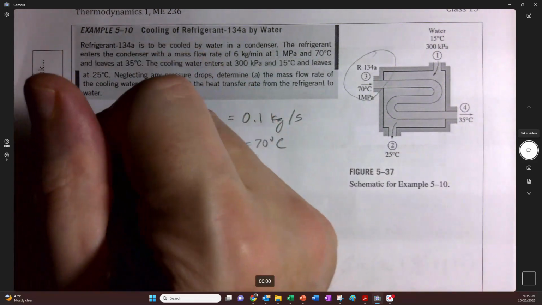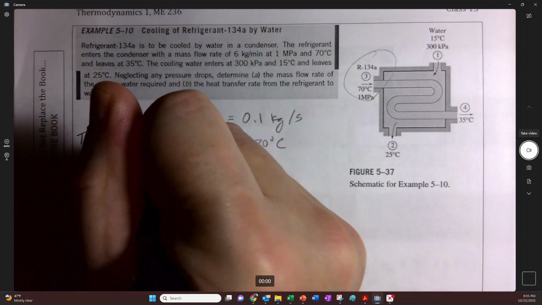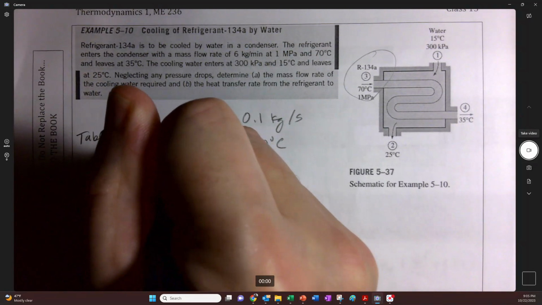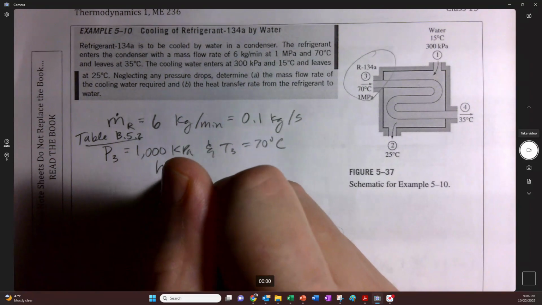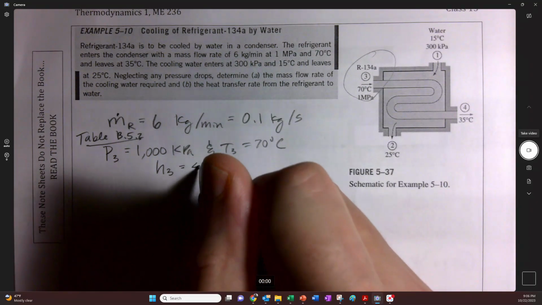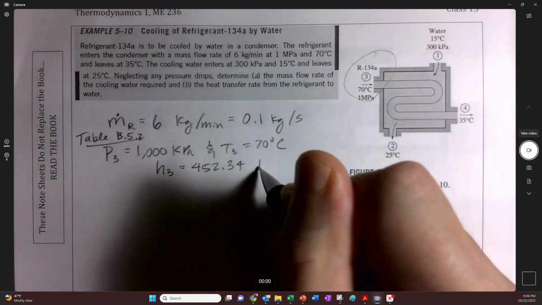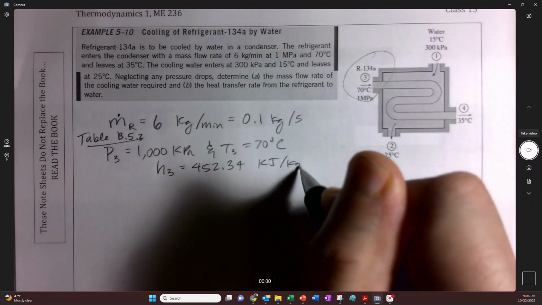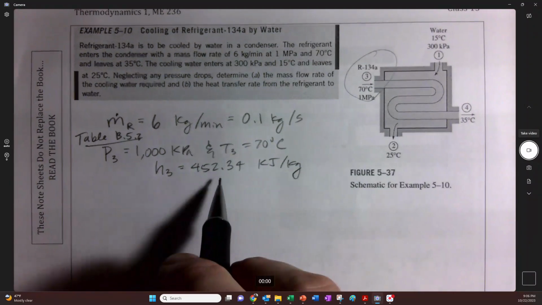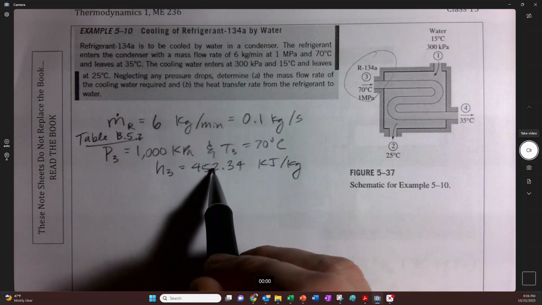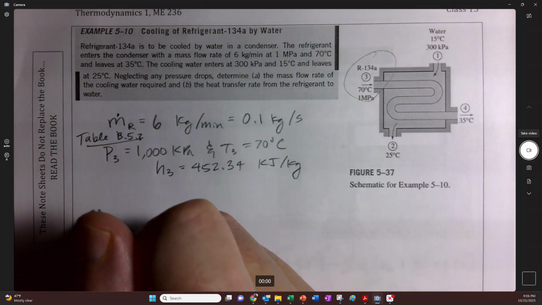So I think at table B.5.2, we found that h3 was 452.34. Now, what was interesting is that Cengel's tables do not match Borgnakke's. They have completely different values here. I thought that was very interesting. You probably don't, but I do.